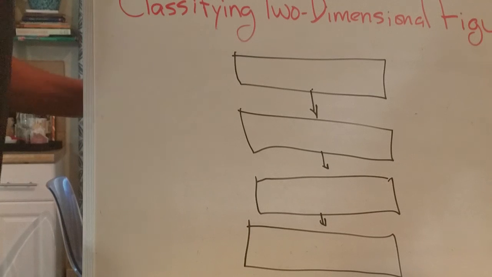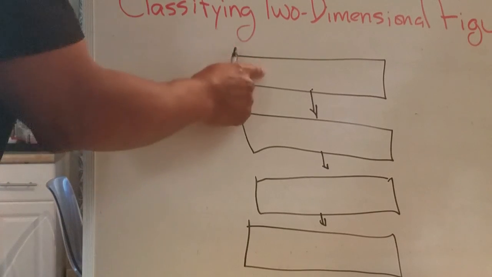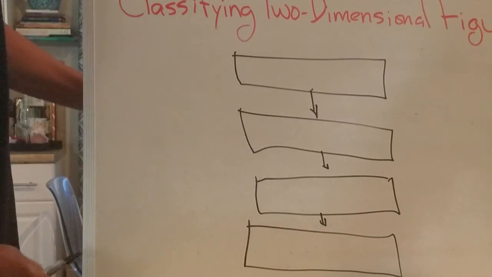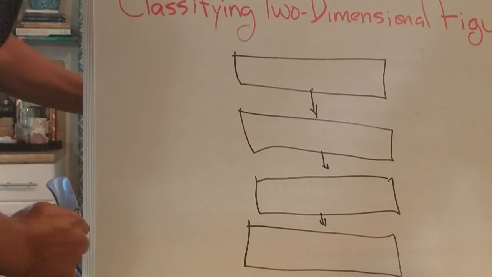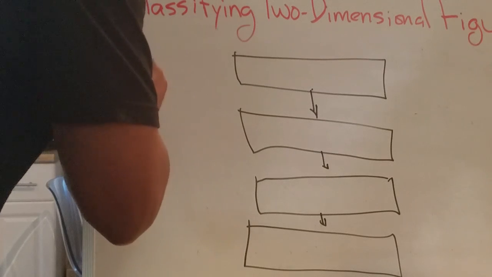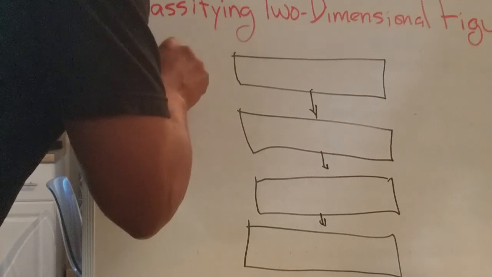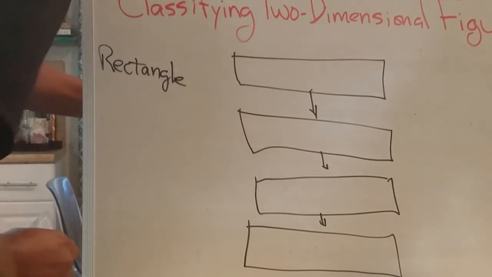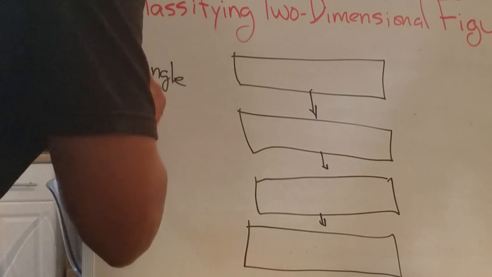All right, I'm going to give you some terms I want you to put in the boxes here. Let me give you the first term. Where do you think the word rectangle should go? The next one would be parallelogram.